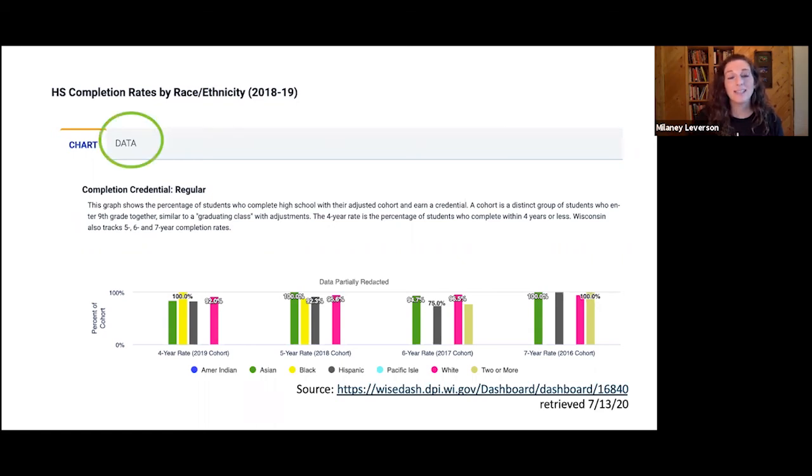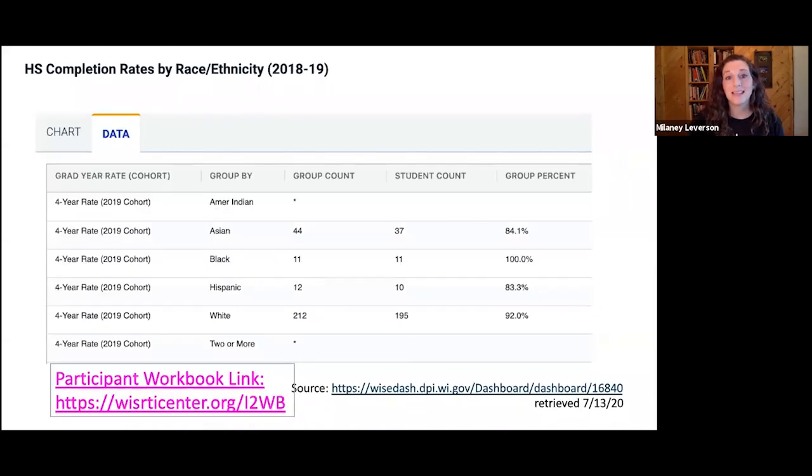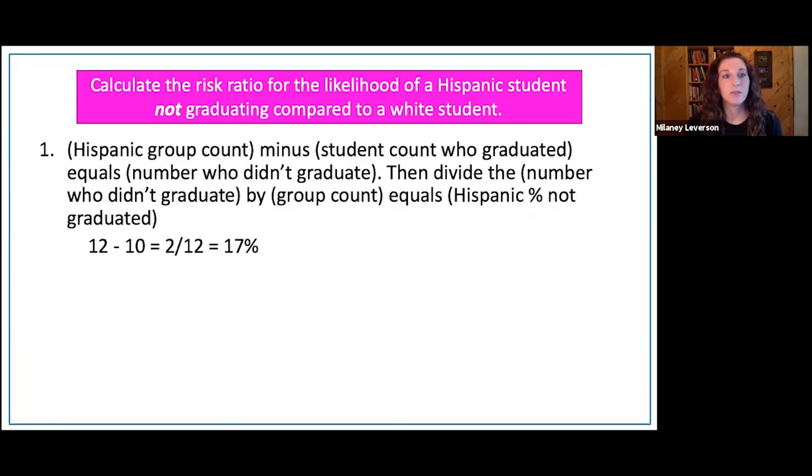And then I want you to notice this data tab. If you click it, you'll get data that looks like this. This is the data that fed into the chart on the previous slide. From this, it's very simple to calculate risk ratio, even easier than what we've been showing you. So just to verify, how we do this is we subtract the group count of the students we're looking at minus the students who didn't graduate.